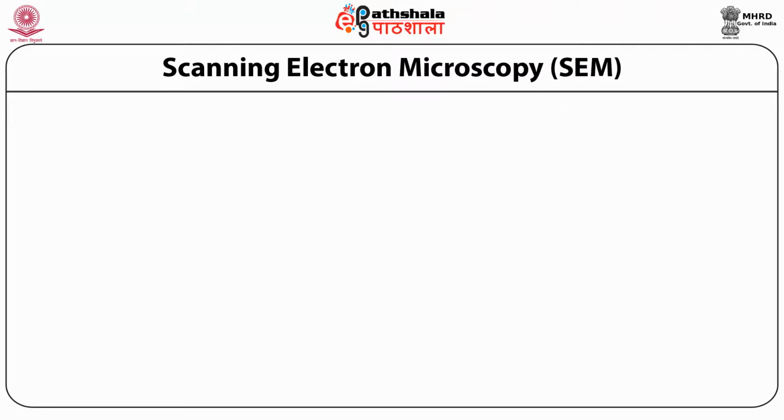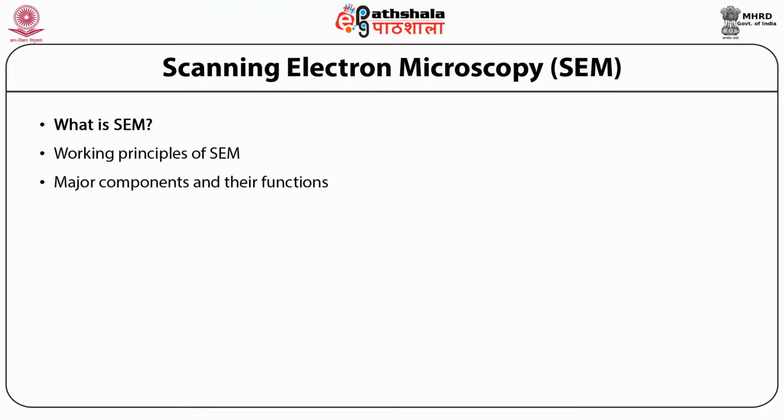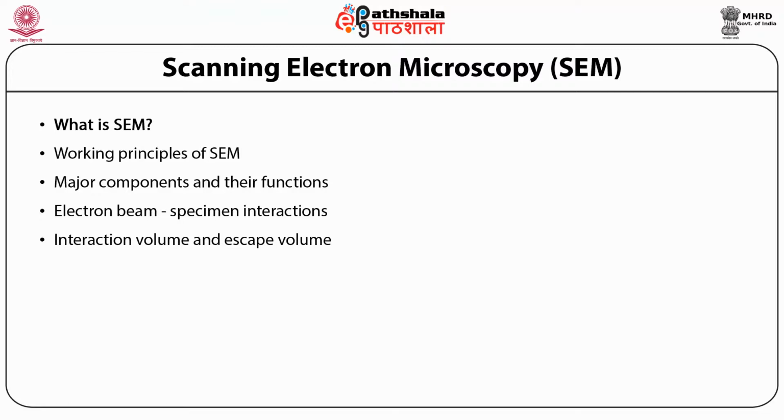Now let us discuss the scanning electron microscopy, SEM. We will be discussing first what is a SEM, the working principles of SEM, their major components and their functions, electron beam specimen interactions, interaction volume and escape volume, magnification, resolution, depth of field and image contrast.